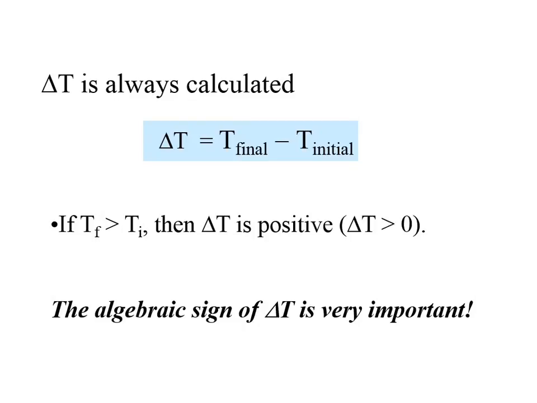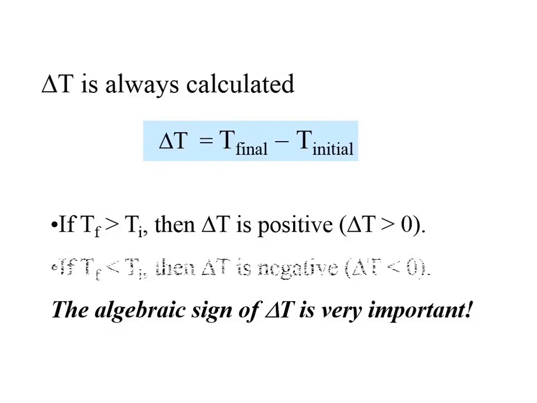This one is your positive delta T. And this one is your negative delta T. I'm all about picturing things, and I draw a lot of pictures when working these problems.